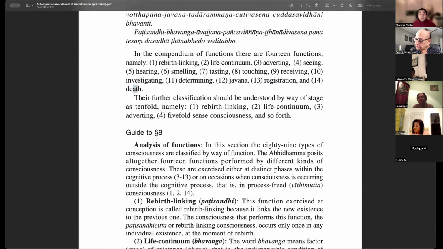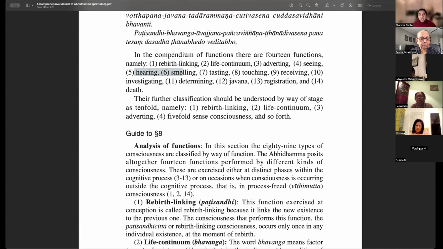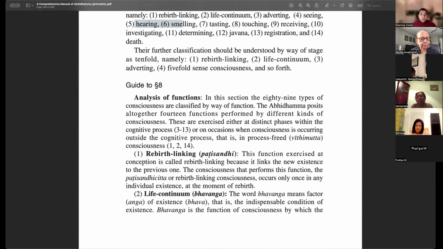Now, their further classification should be understood by way of stage, as tenfold. One, rebirth linking, life continuum, adverting, fivefold sense consciousnesses, so the seeing, hearing, all of that, and so forth. All right. Analysis of functions. In this section, the 89 types of consciousness are classified by way of function.